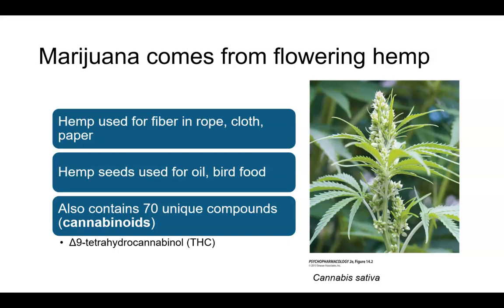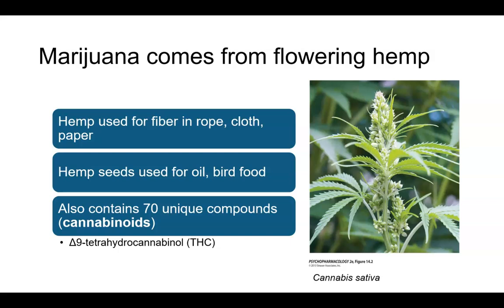But more importantly for this class, the cannabis plant contains about 70 different unique compounds. Collectively, we call those cannabinoids, as well as 400 other identified compounds. Now, the psychoactive properties, particularly delta-9 tetrahydrocannabinol, or THC, that's what really accounts for cannabis use.